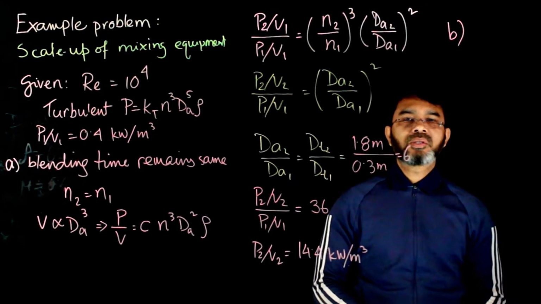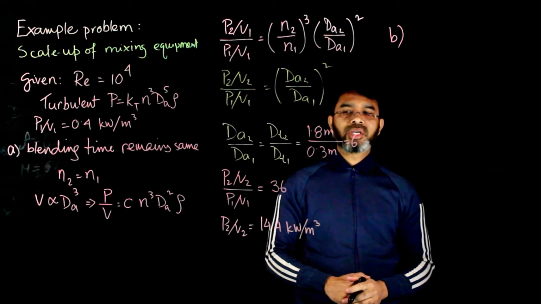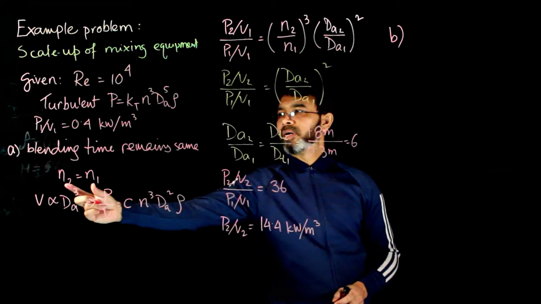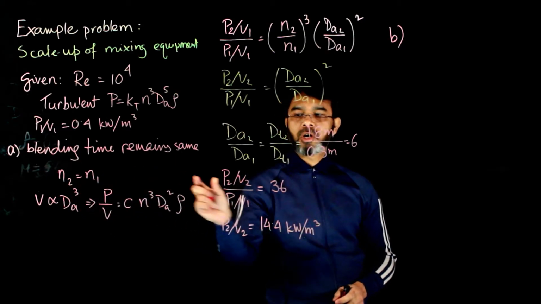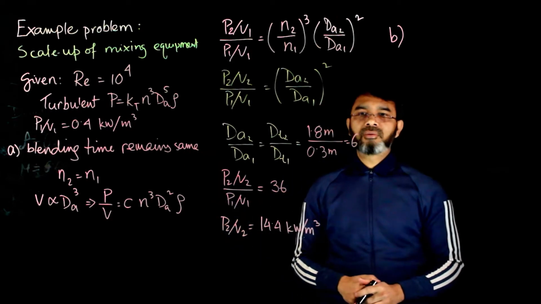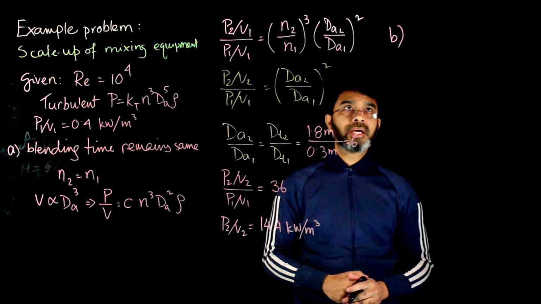Now part B says if the power required per unit volume remains the same, what will be the mixing time? Now we know that for this case N2 does not equal N1, because now power required per unit volume remains the same. So N2 will be different from N1, and that's why the time for mixing will also be different.